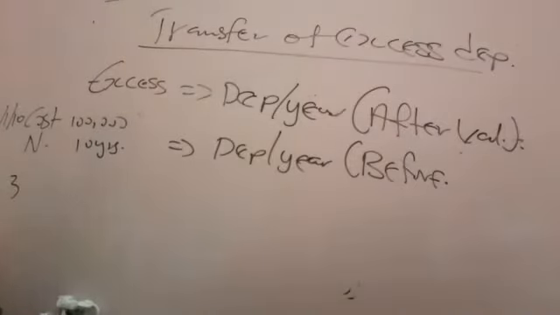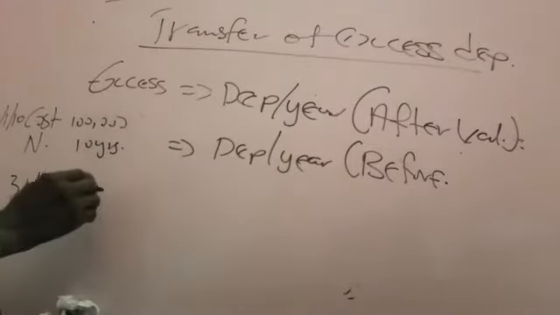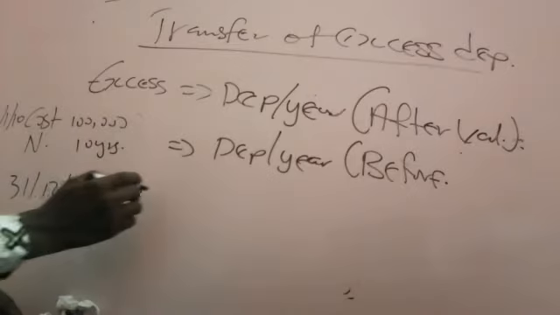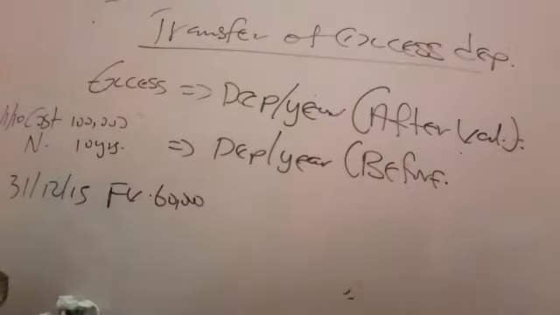So 31st December 2015, the asset was revalued with a fair value of 60,000. The useful life of the asset remains unchanged. Calculate the asset depreciation. So I read this question: to calculate the asset depreciation and then to calculate the revaluation gain or loss, if any. Good.